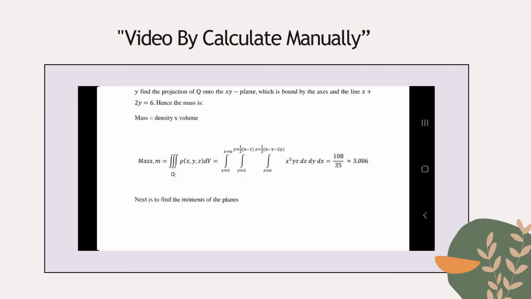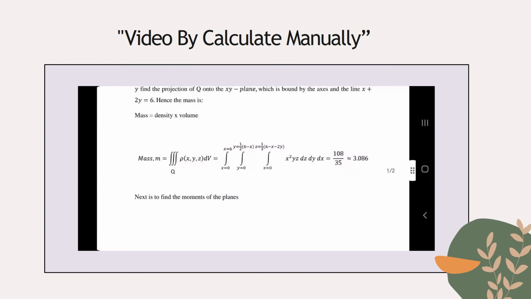The second integral has upper limit y = 1/2 times (6 - x) and lower limit y = 0. The last integral has upper limit z = 1/3 times (6 - x - 2y) and lower limit z = 0.